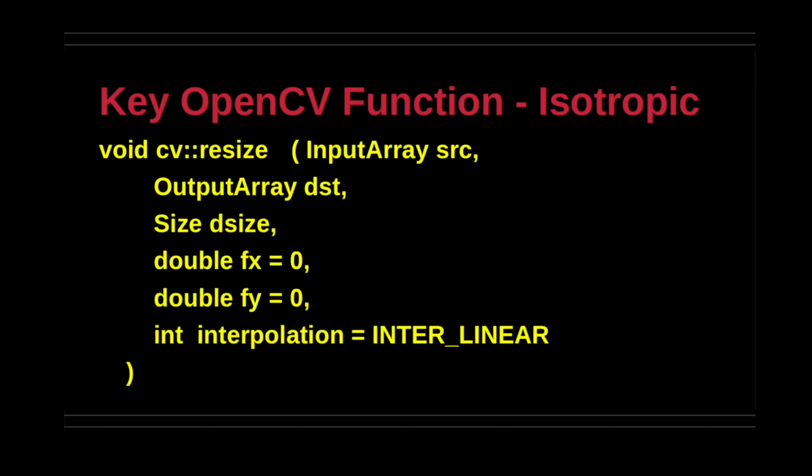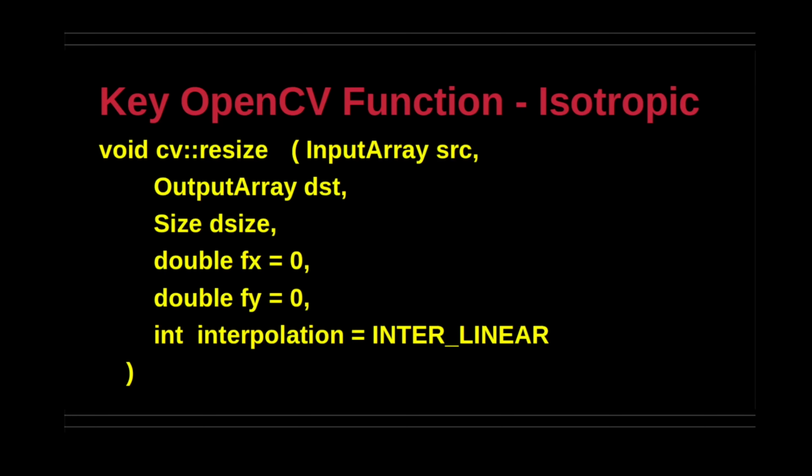Interpolation, the interpolation method used is specified as INTER_NEAREST, which is the nearest neighbor interpolation, INTER_LINEAR, bilinear interpolation, which is the default, INTER_AREA, area-based interpolation, INTER_CUBIC, bicubic interpolation.